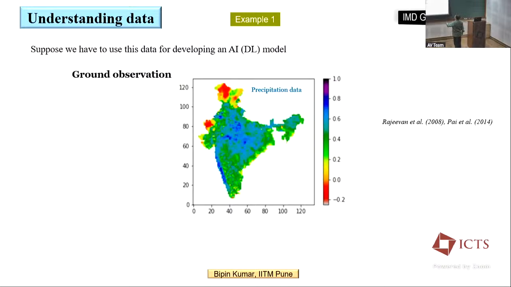And generally we take either a rectangular or square area, because we work on matrices when we do the convolution. I'm going to apply some convolution method, ConvLSTM or something. Now the question is, if you see, we don't have data here because it is ground observation, and this is ocean, other country, so we don't have data.